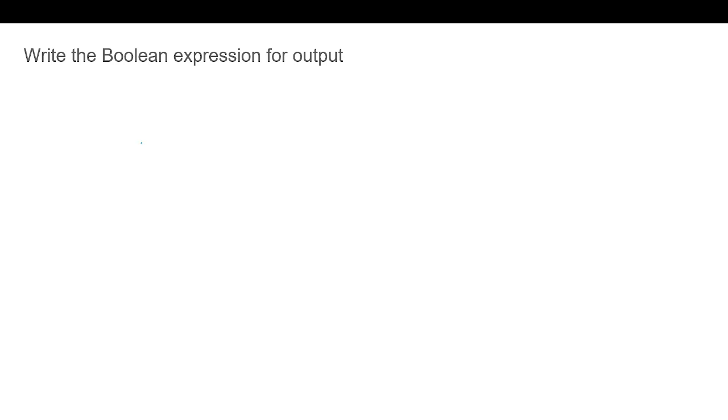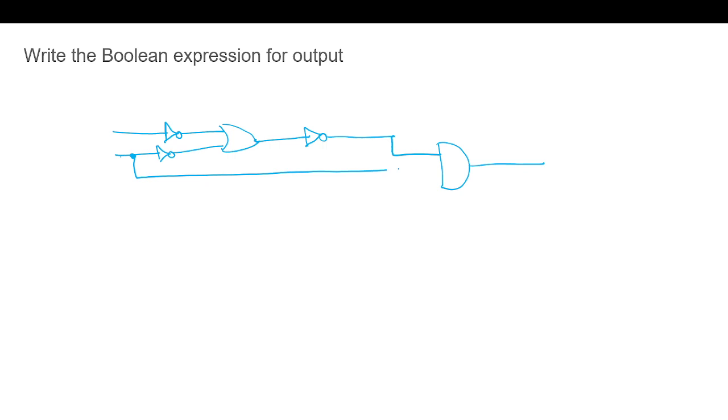I will give you the circuit. Find the Boolean expression at the output. If this is the Boolean circuit given to us, and let's represent the output as x, then what is the expression for x?